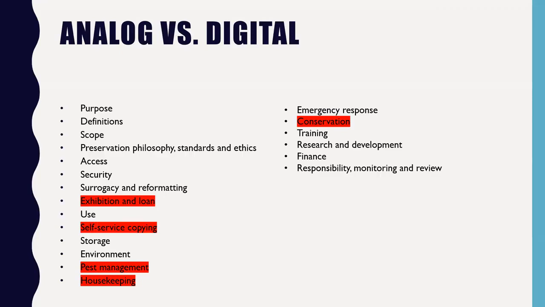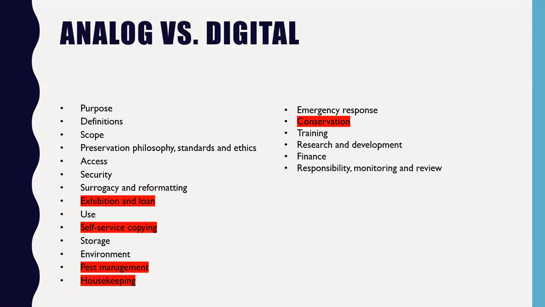Pest management and housekeeping, less of an issue with digital preservation, I guess. If you have servers that you're keeping some of your files in, you want to make sure that those are in rooms that are nice and clean, so you don't have rats and bugs chewing on your server wires or anything like that.